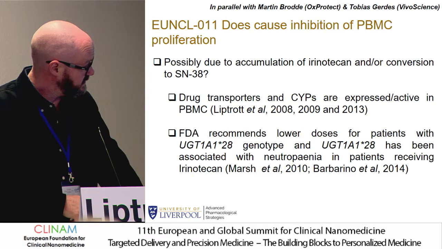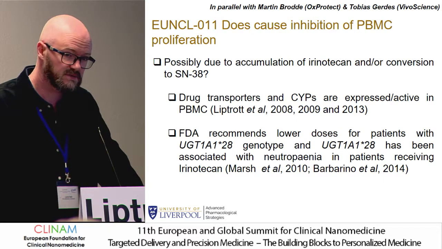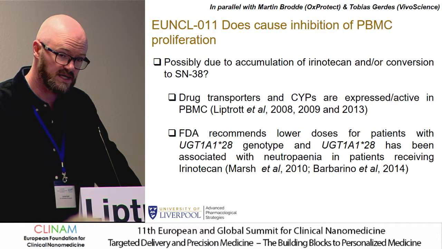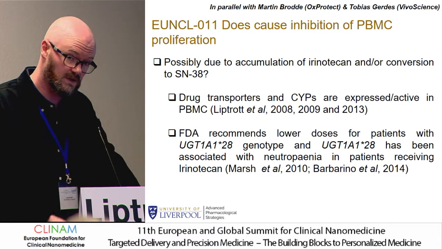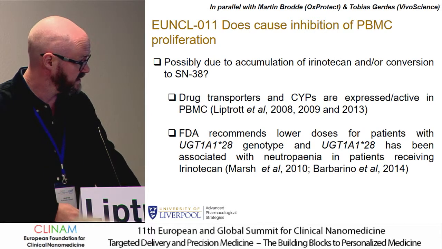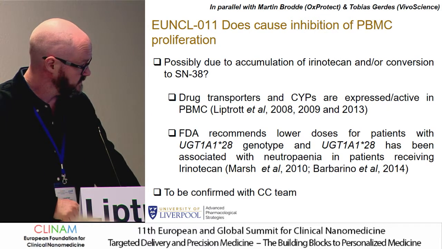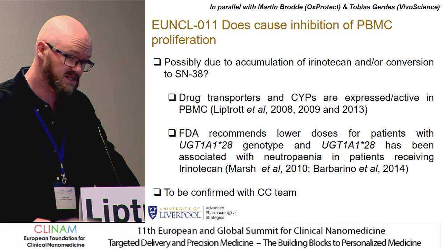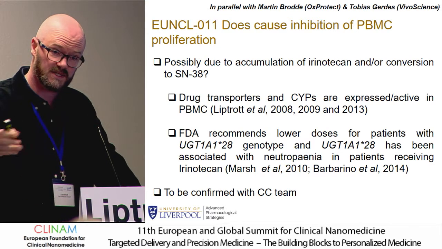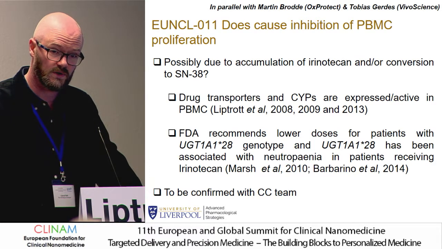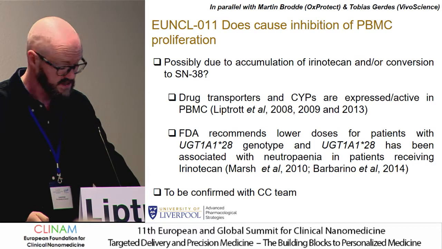It's also stated that the UGT1A1 genotypes and polymorphisms, as Sven Eben mentioned, it's UGT enzymes that glucuronidate the SN38 and effectively inactivate it. And variability in some of those genes might be why we see this impact and variability in these systems. But what we're going to do is follow this up with the chemical characterization team to see whether or not we see the presence of SN38 and the glucuronide in the cells and the samples that we test.